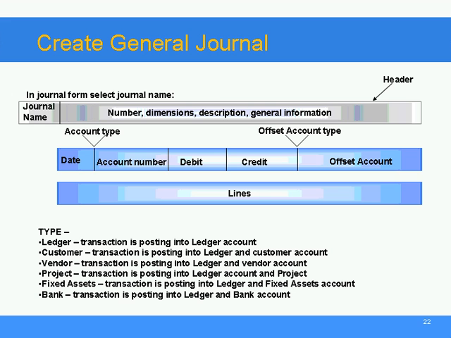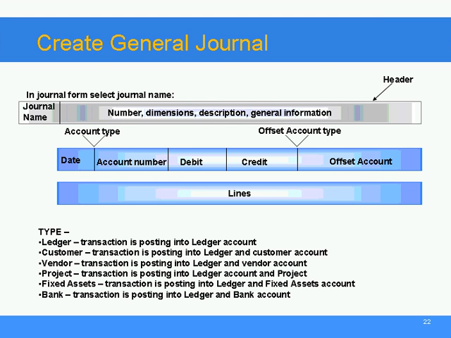The system creates the number from the number sequence, which you define in the journal name. So we have the header. Now we are going to create lines.